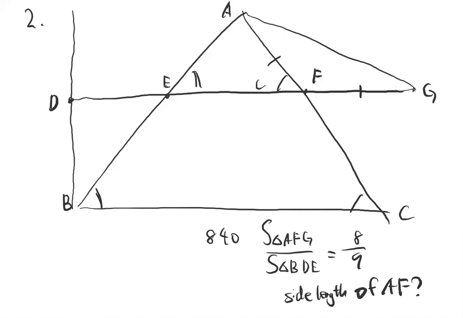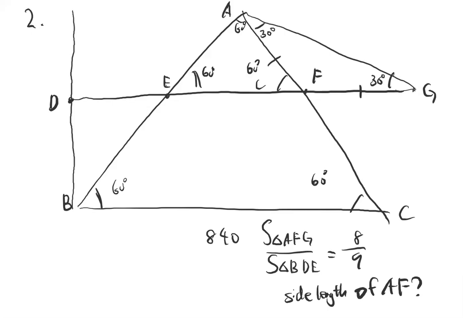Since ABC is an equilateral triangle, this is 60 degrees, 60 degrees, 60 degrees, 60 degrees, and 60 degrees, which means that AEF is also an equilateral triangle. We know that AF and FG is an isosceles triangle. So the angle FAG is equal to angle FGA. So we know that these two are 30 degrees.